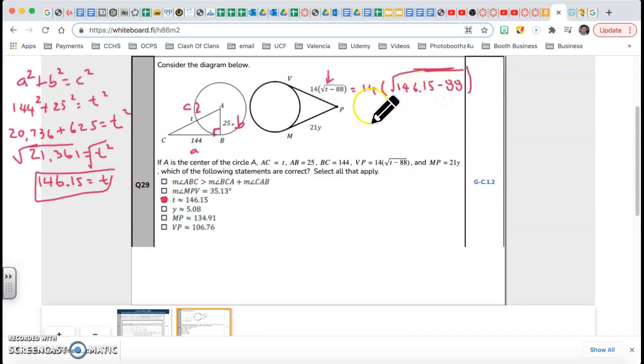The square root of that is going to give me 58.15, and the square root of that is 7.62, 7.63 rounded, times 14 is going to give me 114.